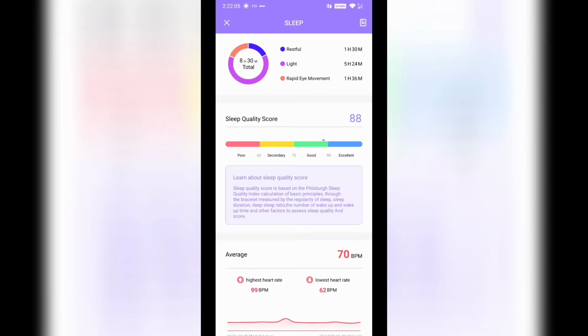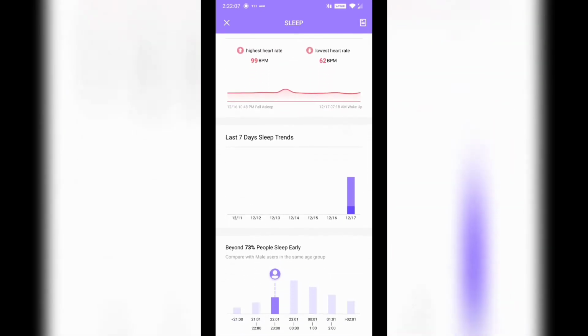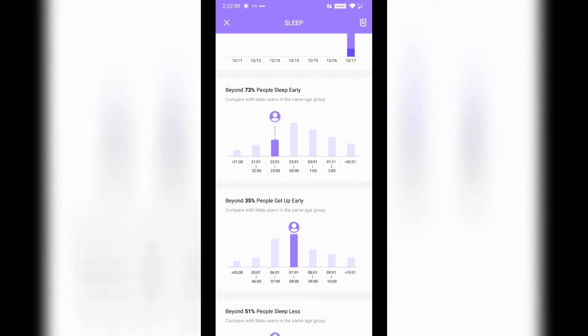And then while scrolling down, you will get the average sleep and heart rate. Here, for people using the DAWFit application, it will check the records. 73% of the people sleep early compared to me. 73% of the people using the DAWFit application are sleeping early.